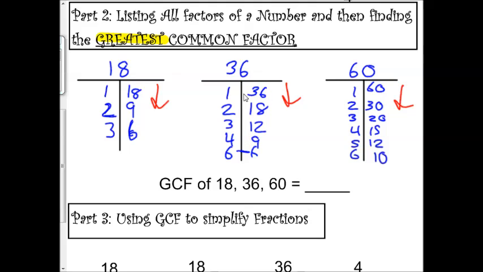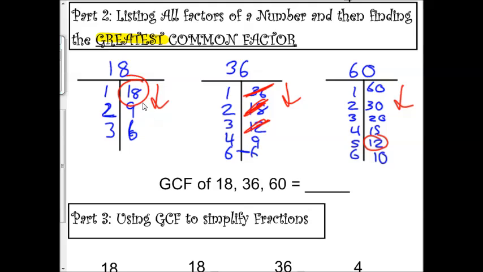I'm going to start with the greatest factor, and I'm just going to ask myself, is 36 a factor of 18? No. Is it a factor of 60? No. So I'm going to cross that out. 18. Can I find it as a factor over here? Yep. And not over here, so no. How about 12? 12 is not a factor of 18. It is a factor of 60, but since it's not a factor of both, we have to cross that out.